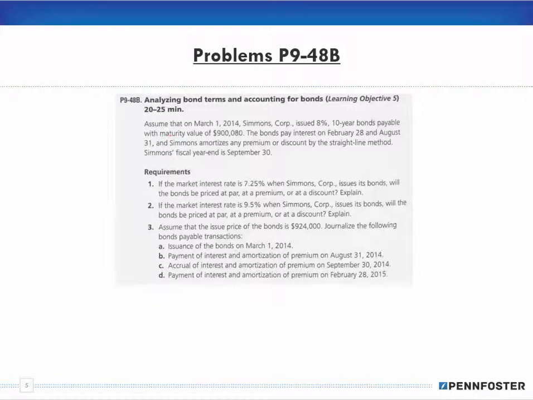So assume that on March 1st, Simmons Corp issues an 8% 10-year bond payable with maturity value of $900,000. The bonds pay interest on February 28th and August 31st. So let's draw a quick timeline here.